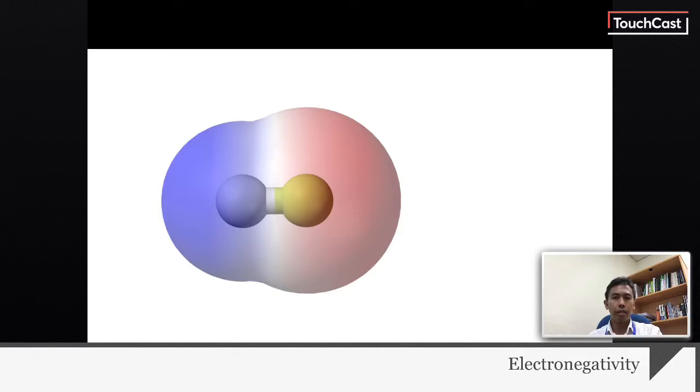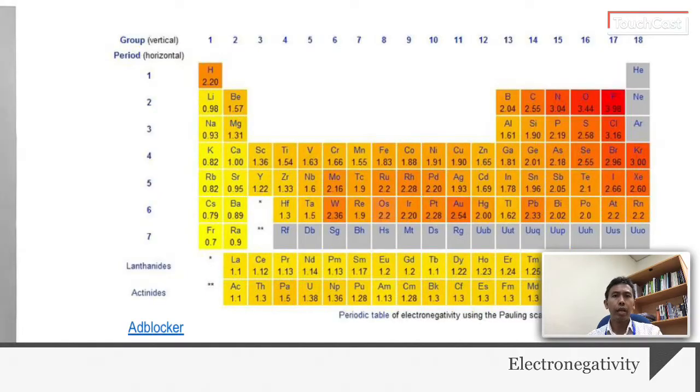This is a periodic table showing the Pauling electronegativity of each element. From this table, we can know that the electronegativity of carbon is 2.55, sodium 0.93, and others. We may also know what the highest and lowest electronegativity are.